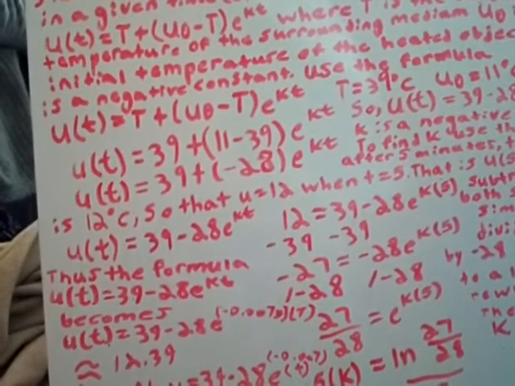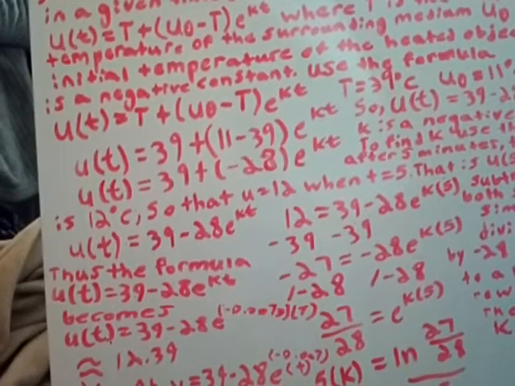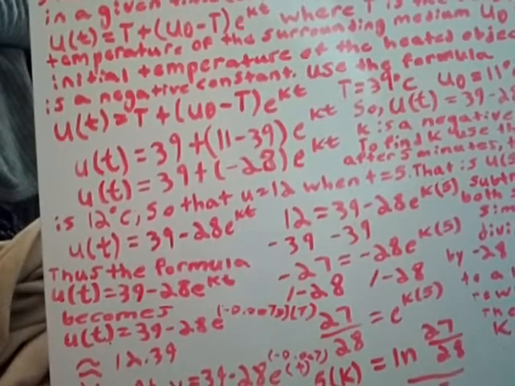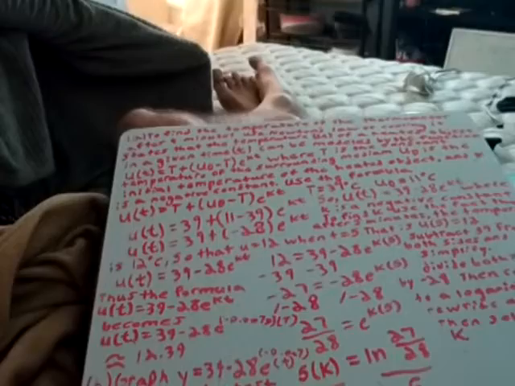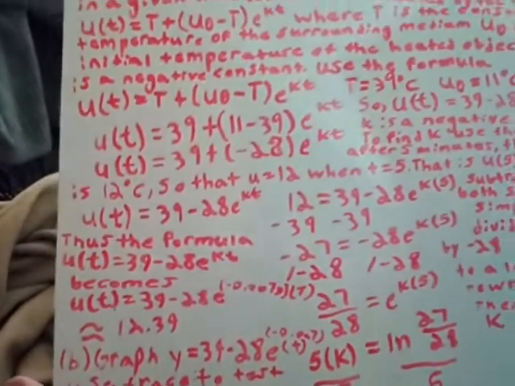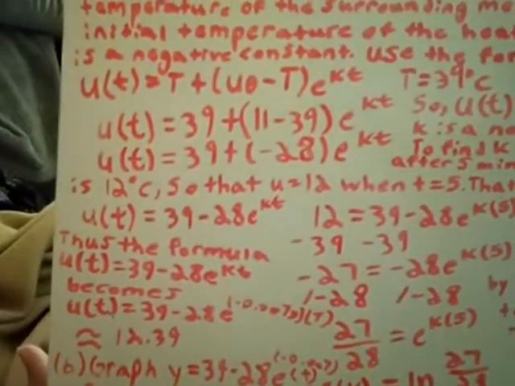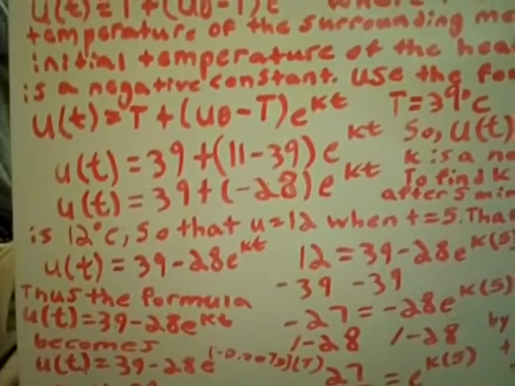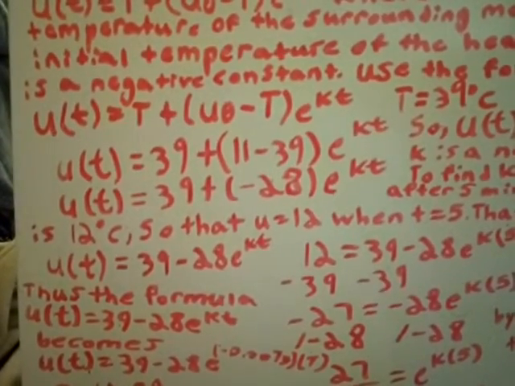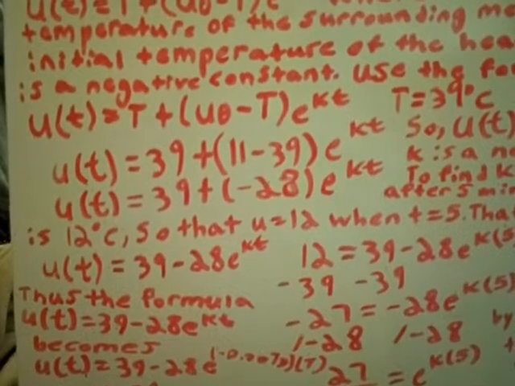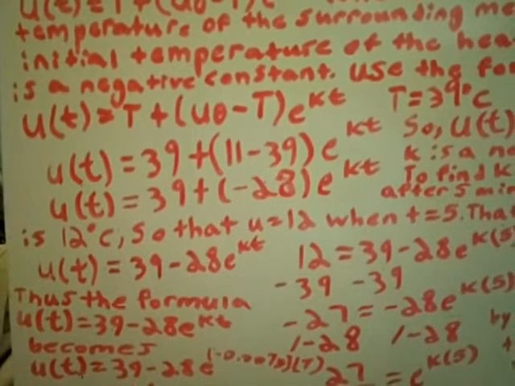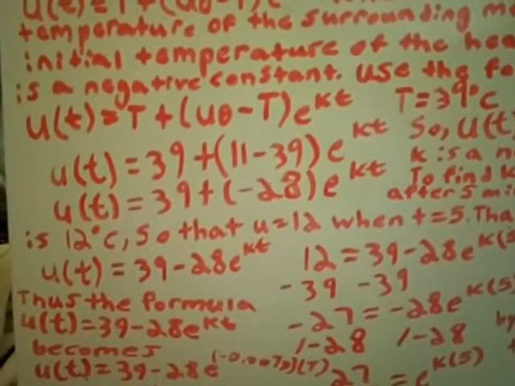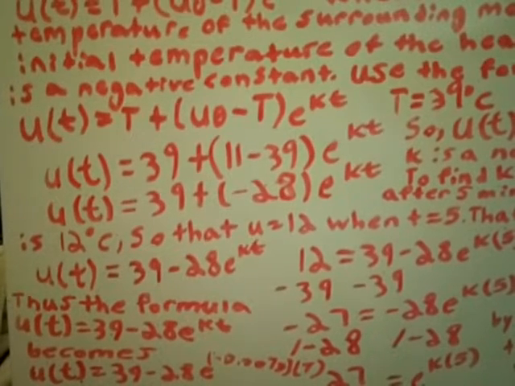I'll start by plugging in values that I know. I know 39 degrees is the temperature of the surroundings, so I plug that in for capital T. Then I have the initial temperature, U of naught, and I plug that in also. So I have U(t) equals 39 plus (11 minus 39) e to the kt power.